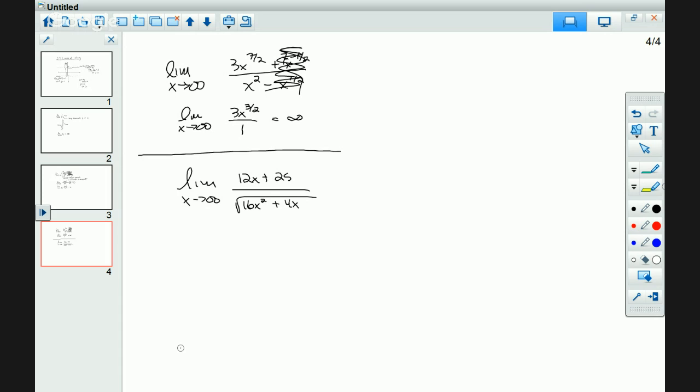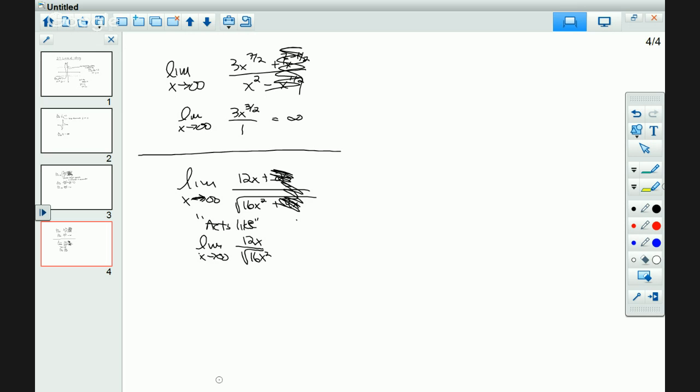Well, the top is x, right? And the bottom. So it acts like, this is something you'll probably hear, like this. This is how it behaves.